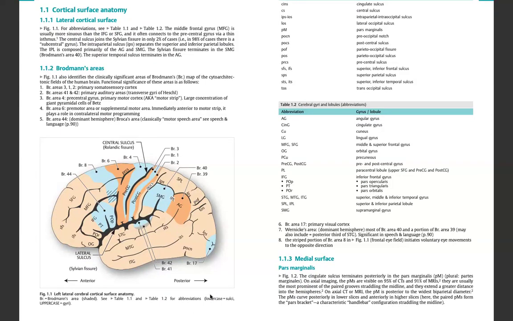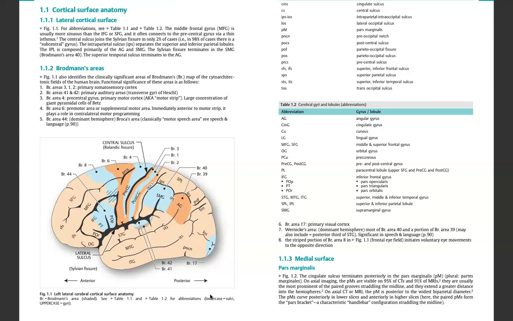On axial CT and MRI, the pars marginalis is posterior to the widest biparietal diameter, and it curves posteriorly in lower slices and anteriorly in higher slices. Hence, the paired pars marginalis forms a bracket called the handlebar configuration, straddling the midline.